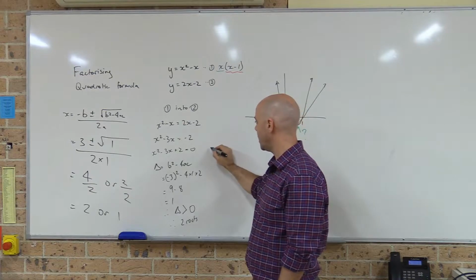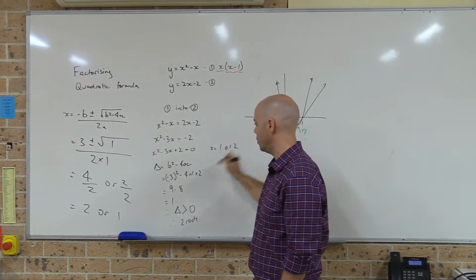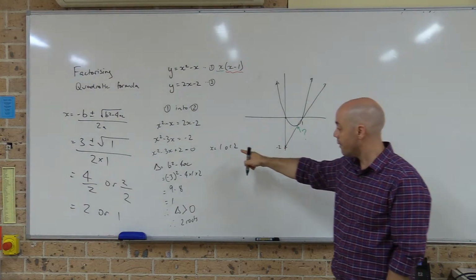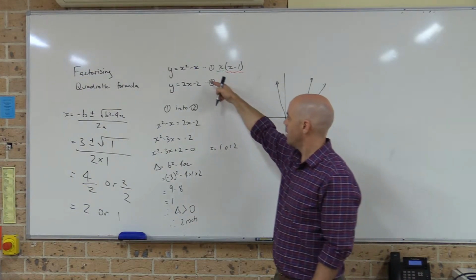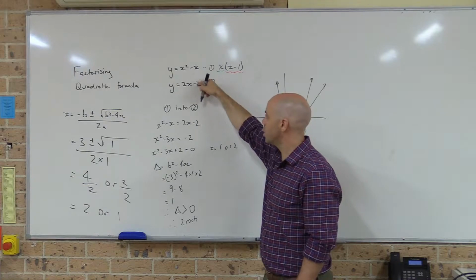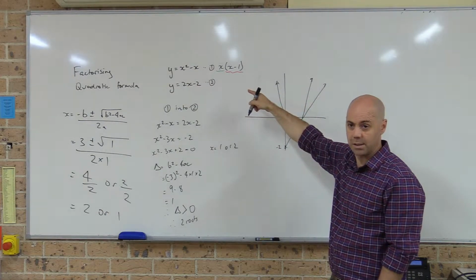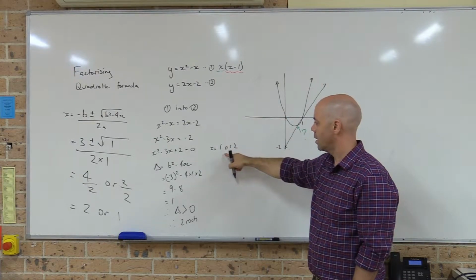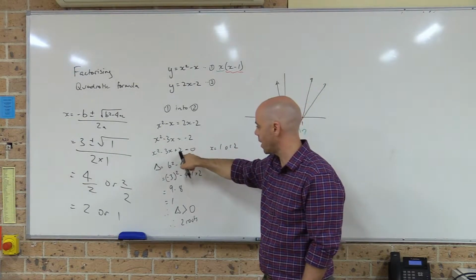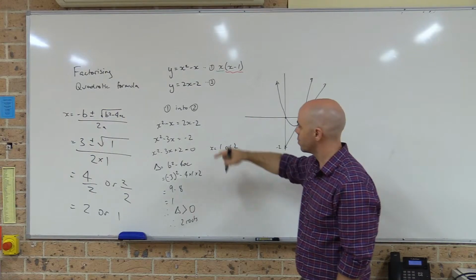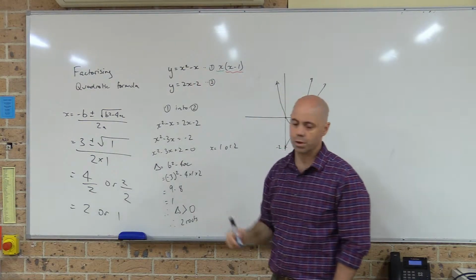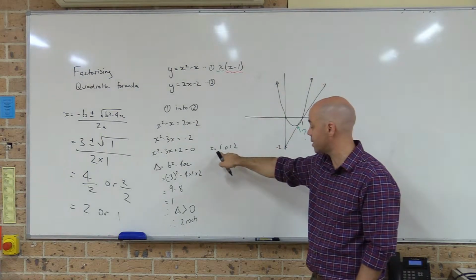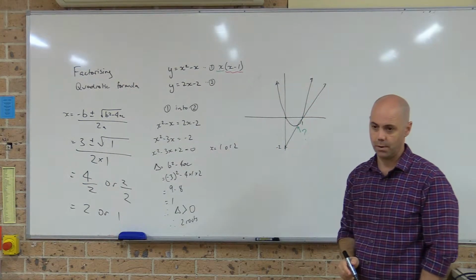And so I know that x equals 1 or 2. It's got nothing to do with where these two cross the x-axis. What this is saying is where this one equals 0, which was where these two were solved simultaneously. So these two lines cross at 1 and 2.